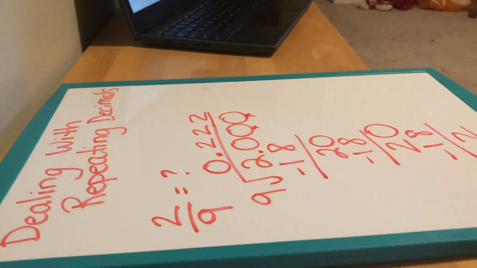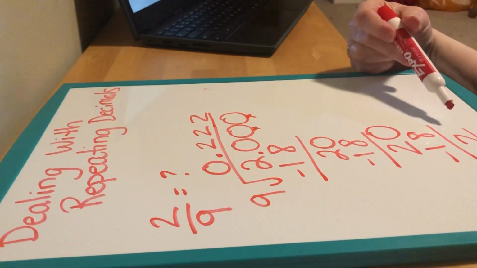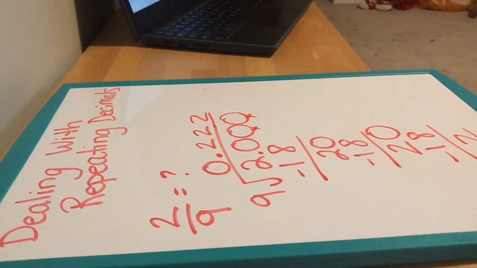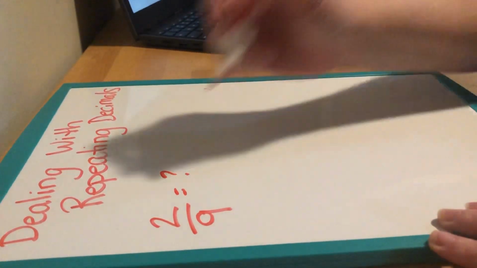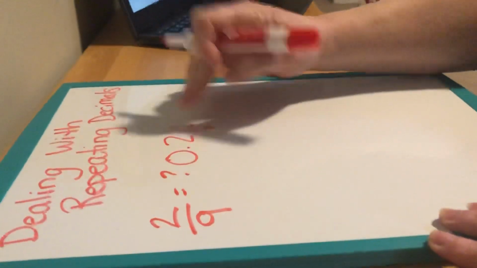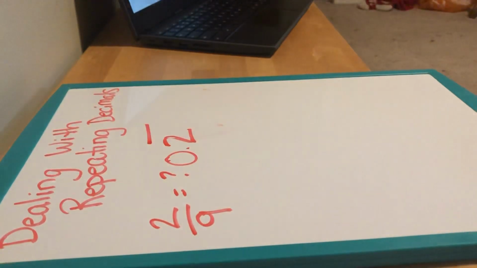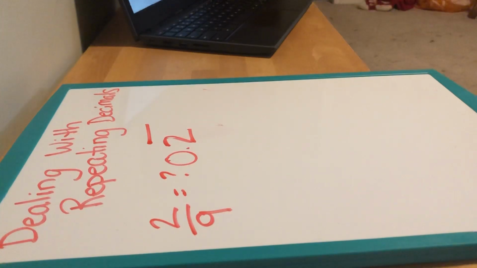And so I can see that this is going to be a repeating decimal because the pattern is going to continue all the way through my long division. So the question is, what is the decimal equivalent of 2/9? And our answer is 0.2 repeat, because that's telling me that they're repeating only the 2.